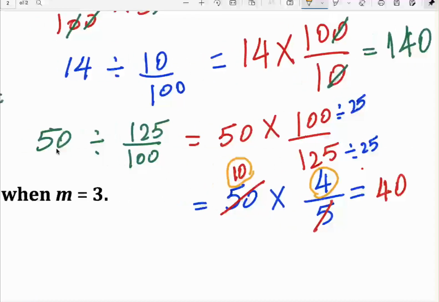At the question, here, 125 over 100? Yes. Why don't we flip it? I did already. It's 125 over 100, and when we multiply by the reciprocal, it is 100 over 125.